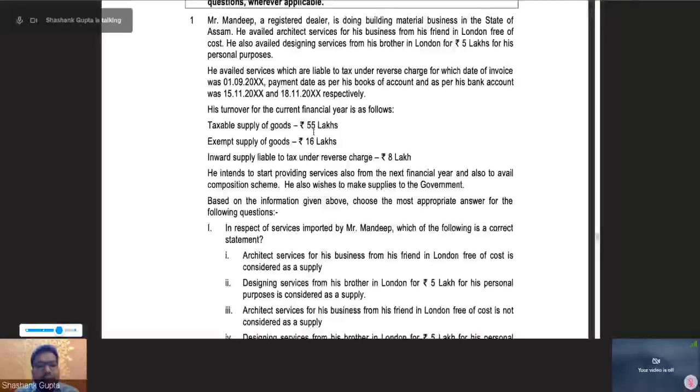Next, he intends to start providing services also from the next financial year and also to avail composition scheme. He also wishes to make supplies to the government. Based on the information given above, choose the most appropriate answer for the following questions. So basically it's an MCQ.